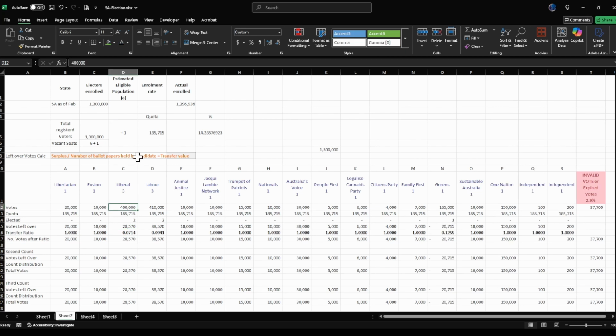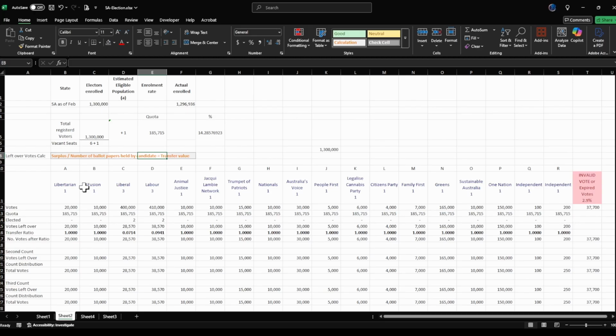So just to clarify, they take the 28,570 votes here, and then divide it by 400,000 votes, and that gives you the ratio that we see here. So that's the actual formula for it, just up here.